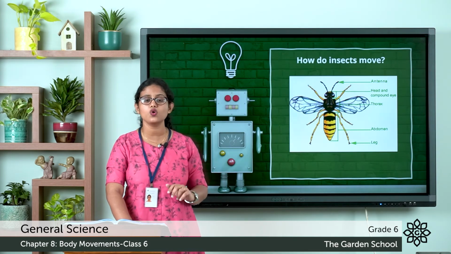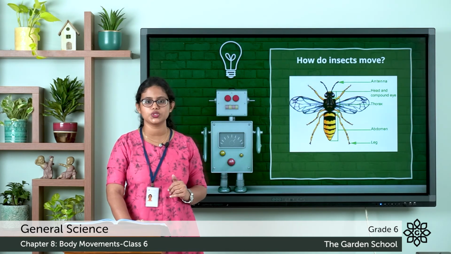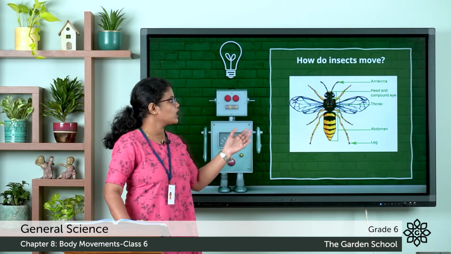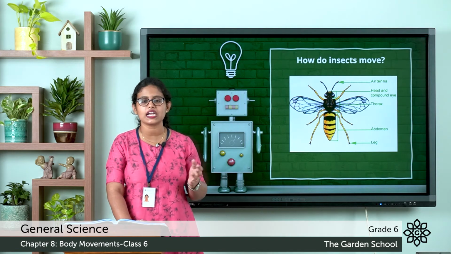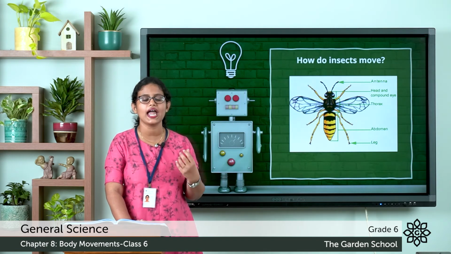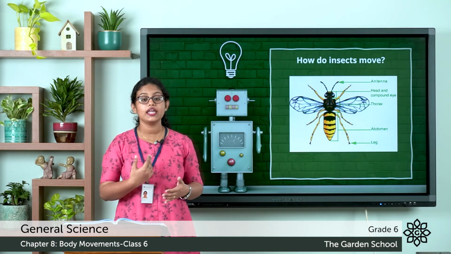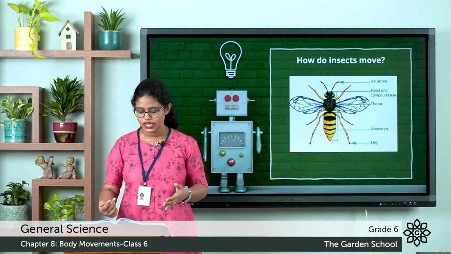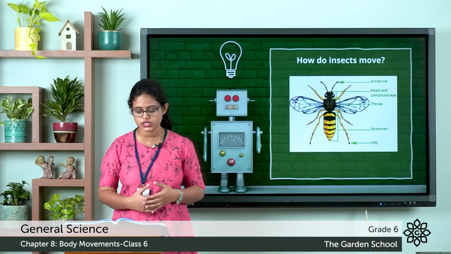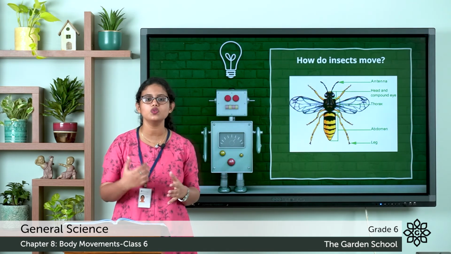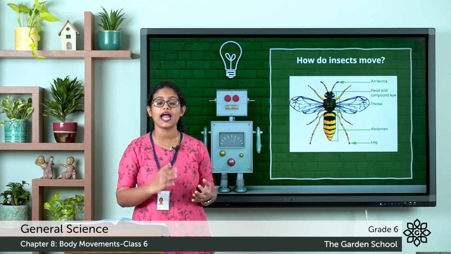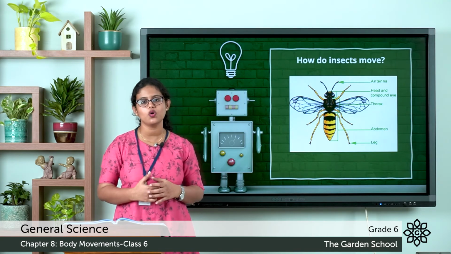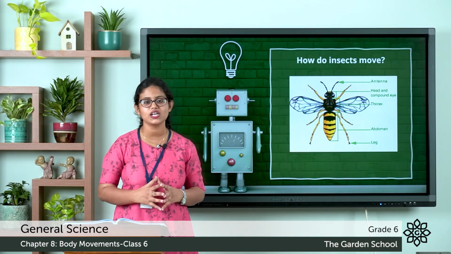Their wings are made up of thin layer of cuticle, and are attached to the thorax region, the middle part of the insect's body, with the help of muscles. The tissue of insect's legs are attached to the exoskeleton of the legs that helps them to walk. So this is how insects move.